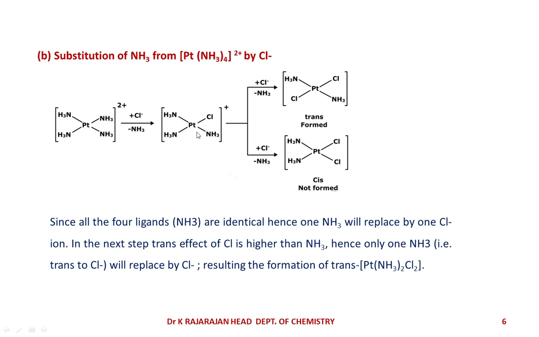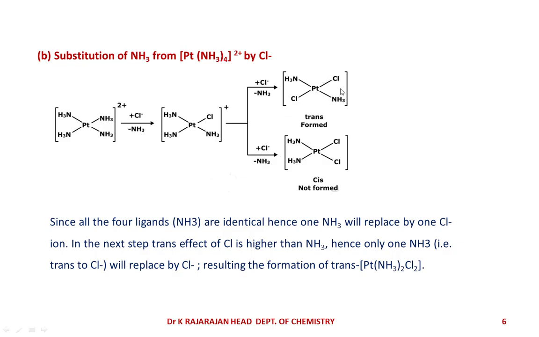In the next step, the trans effect of this chlorine is higher than ammonia. Already we have stated that the trans effect of chlorine is higher than ammonia. Here this chlorine replaces ammonia with the incoming Cl, so that you will have the product like this.